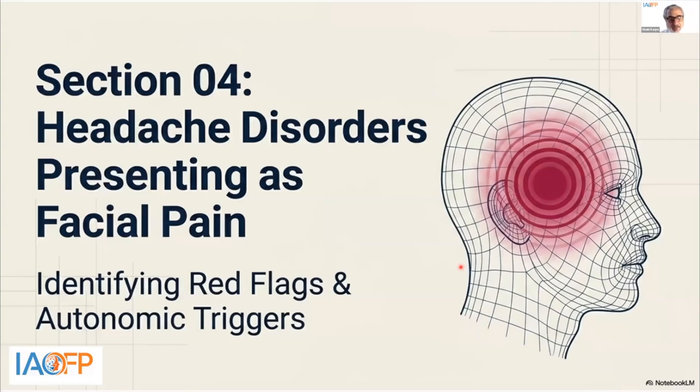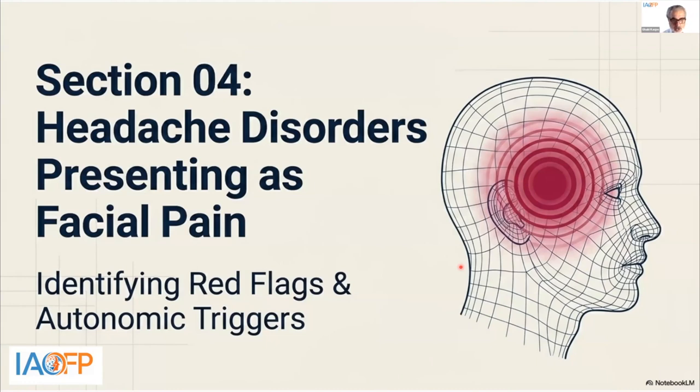We'll jump to section 4, which is talking about headaches. There are too many considerations for headaches and how to identify red flags and autonomic triggers. Headache disorders can present as facial pain and are often missed in dental evaluation.